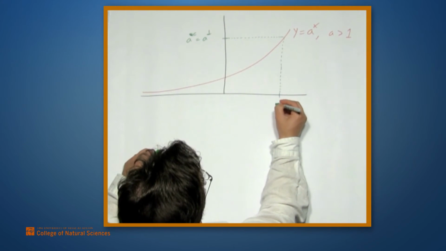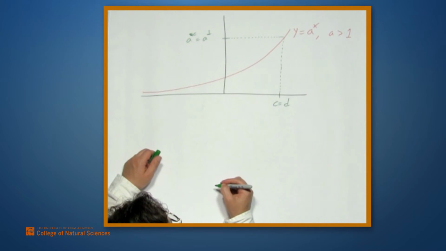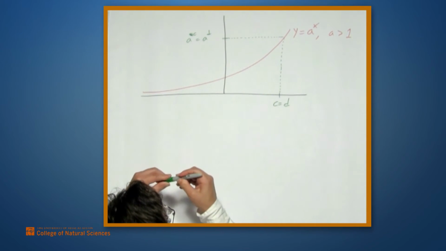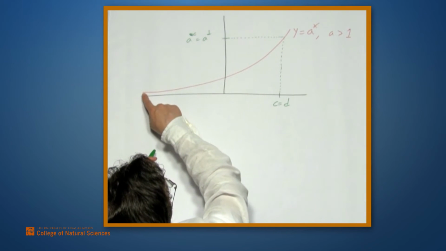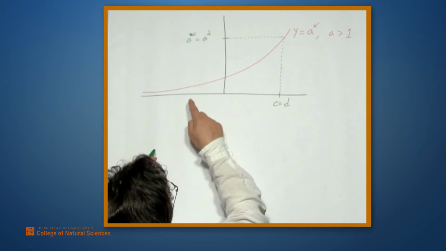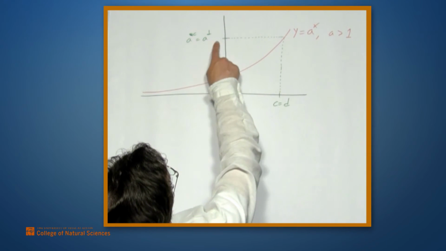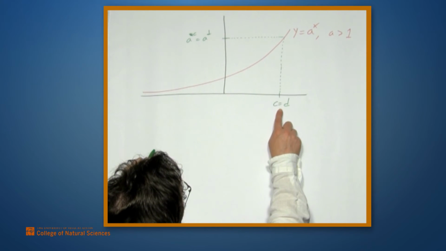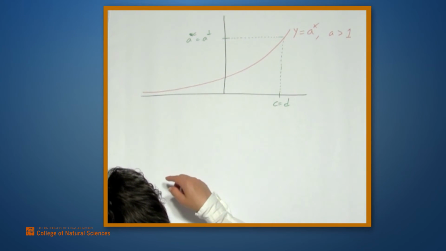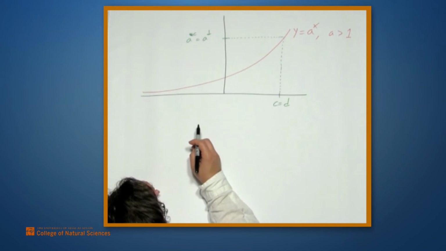So in other words, this point here must be both c and d. For those of you who have seen the horizontal line test, this is essentially the same idea that we're seeing here. This graph passes the horizontal line test. Any outputs that are the same must come from the same inputs. So this is why in the previous example, we could say that x plus 5 equals 3x.